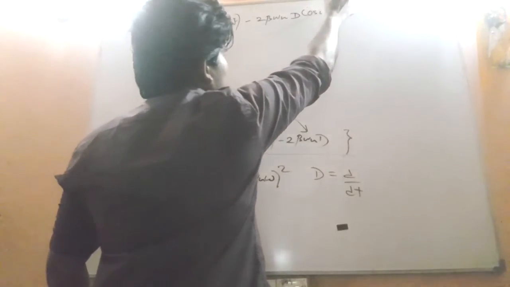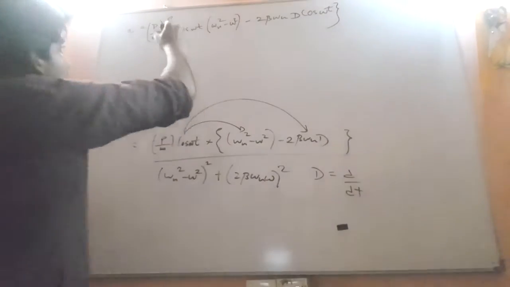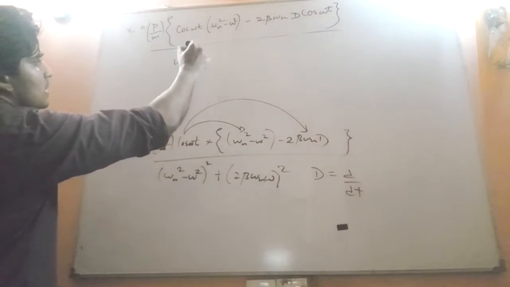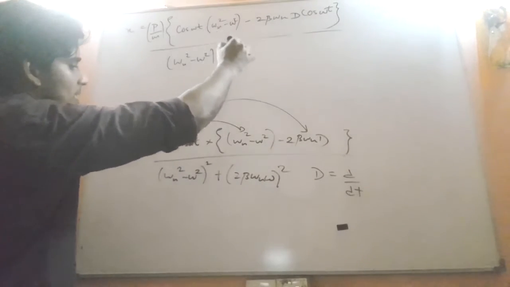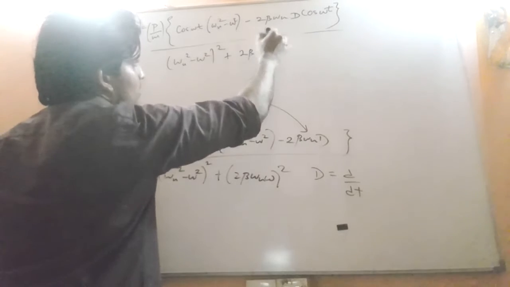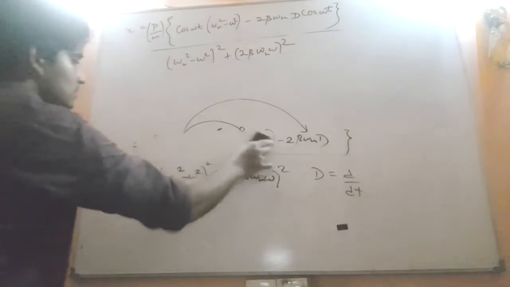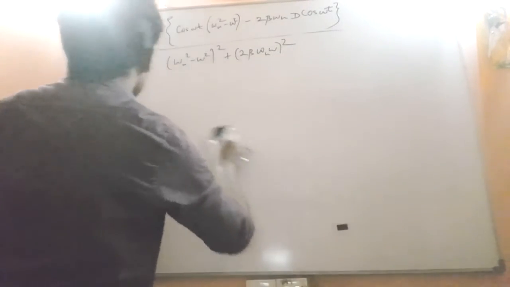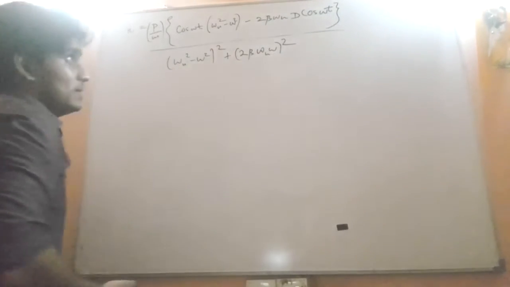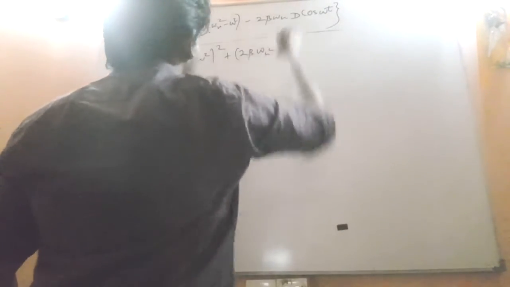Okay, so I will close the larger bracket and then divide by omega n squared minus omega squared whole thing squared plus 2 beta omega n omega whole thing squared, right? So now I can erase this part. Now you know d times cos omega t is the first derivative of cos omega t with respect to time. So the answer for that you know.